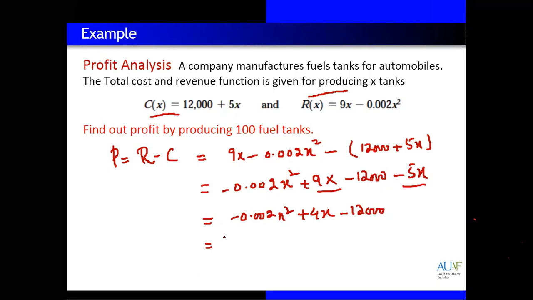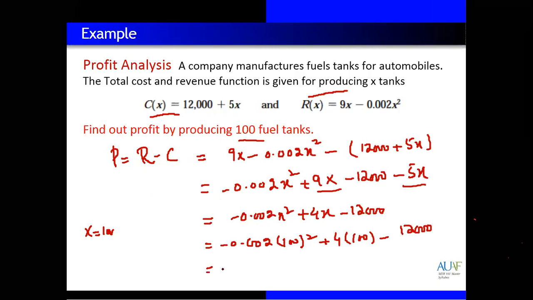Just replace x with 100, because we need to find the profit by producing 100 fuel tanks. When you replace: minus 0.002 into 100 square, plus 4 multiplied with 100, minus 12,000.